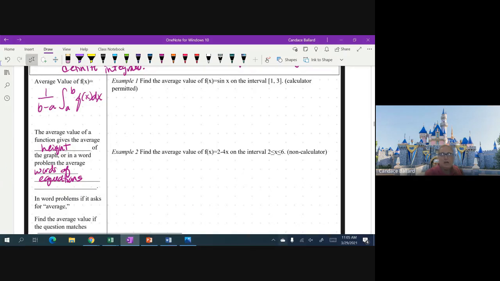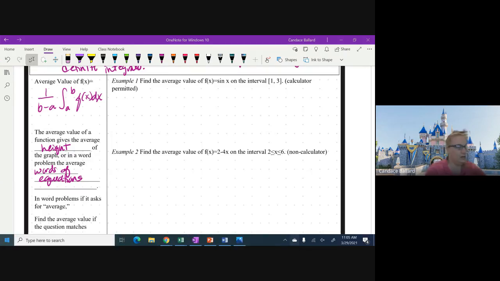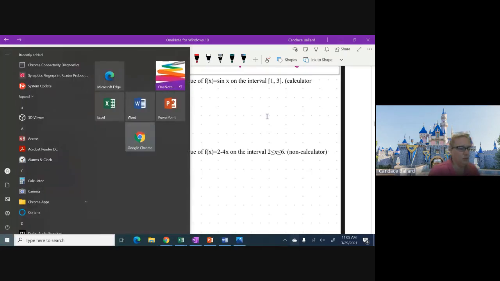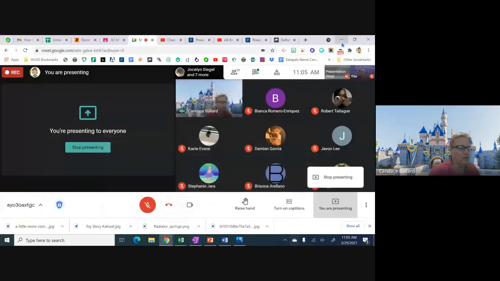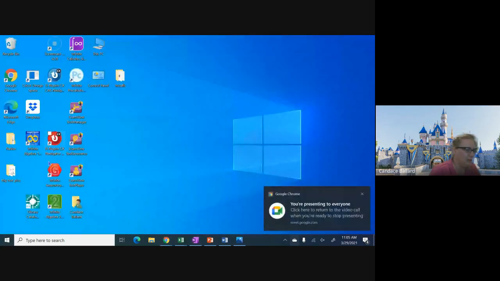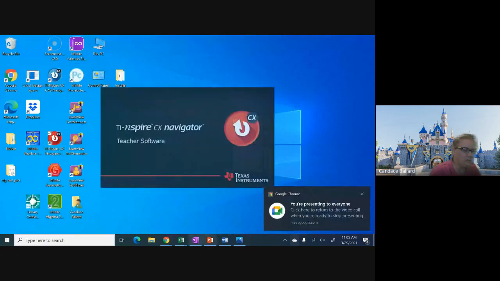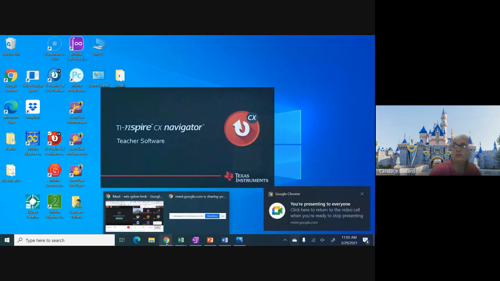I did not pull out my calculator yet. So if you have not gotten your graphing calculator out in a while, find it. When it comes time for school, and those of you that are returning, please bring those with you every day because you don't know when we're going to use them. I will have a few, but we have to clean them in between.